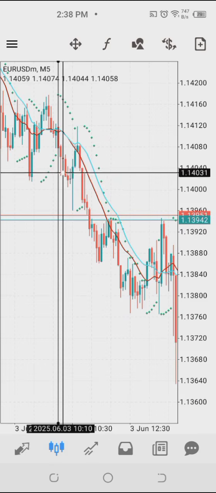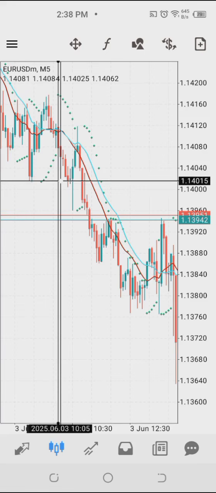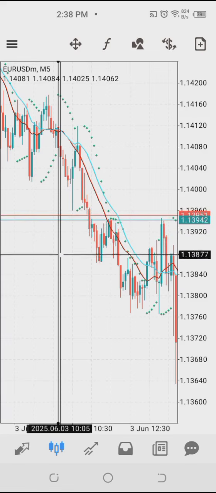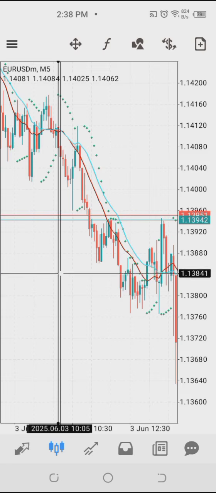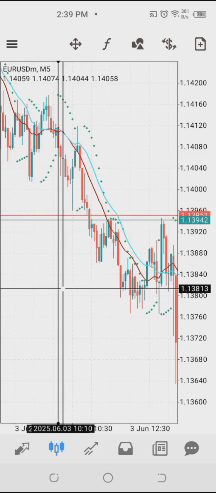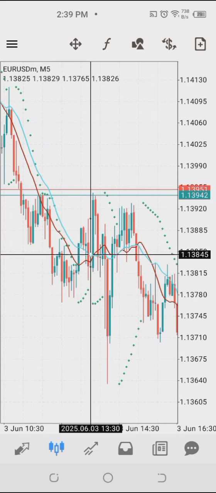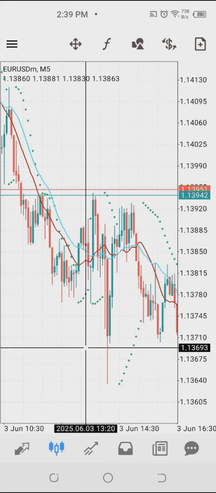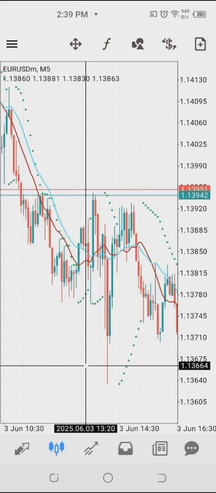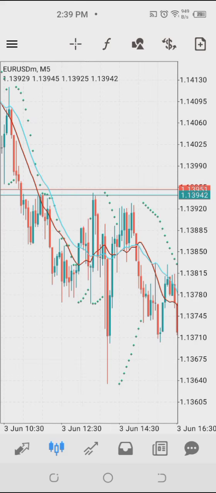So this is 10 pips. This is 20 pips. So guys, this is 30 pips. And mind you, it still kept going. So this is 40 pips, and almost 50 pips.